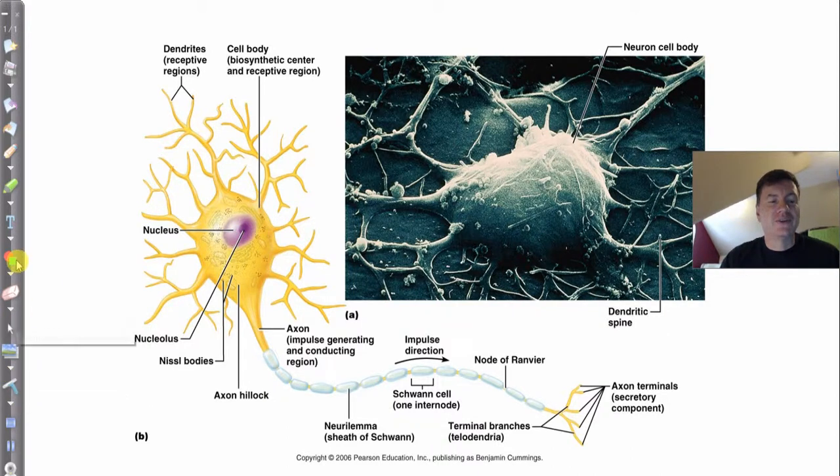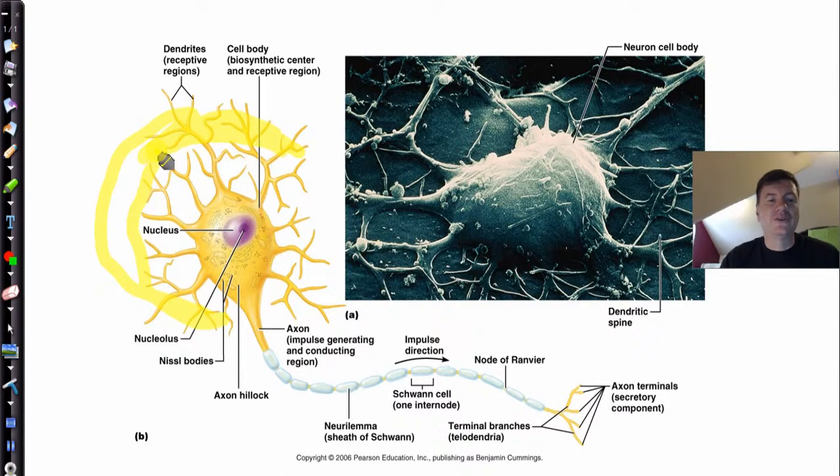Neurons actually have three major regions. They have this part up here, all this branching part, which is the dendrites. They look like little trees, and they are interfacing with other neurons or other receptors. So this is the input of information for a neuron.